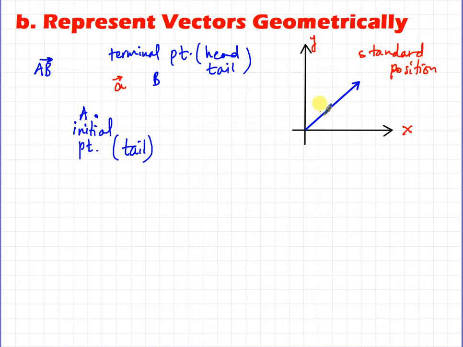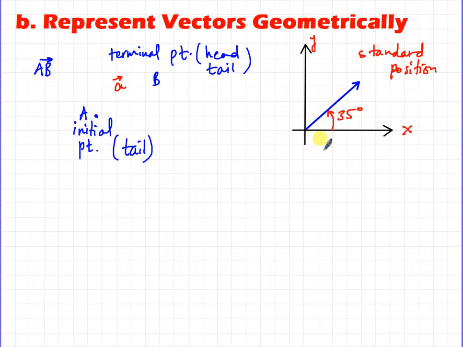The direction of this arrow is the angle between this vector and the horizontal line. Now, this horizontal line can be represented by the positive side of the x-axis. Okay, so therefore the direction of this vector is determined by this angle, the angle that this vector makes with the positive x-axis. Let's say it's 35 degrees.